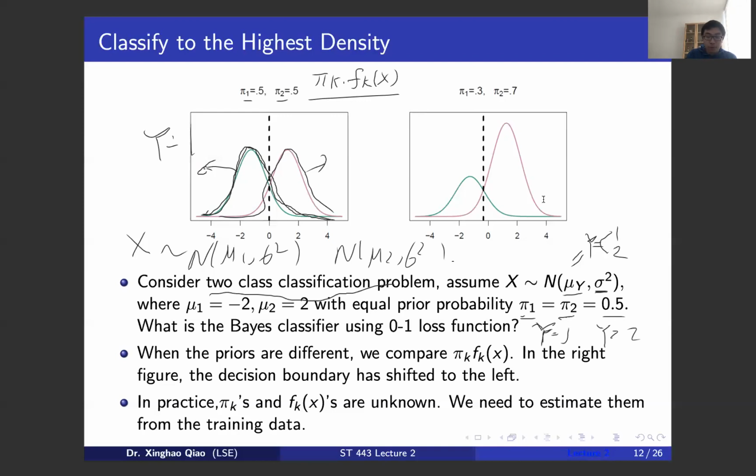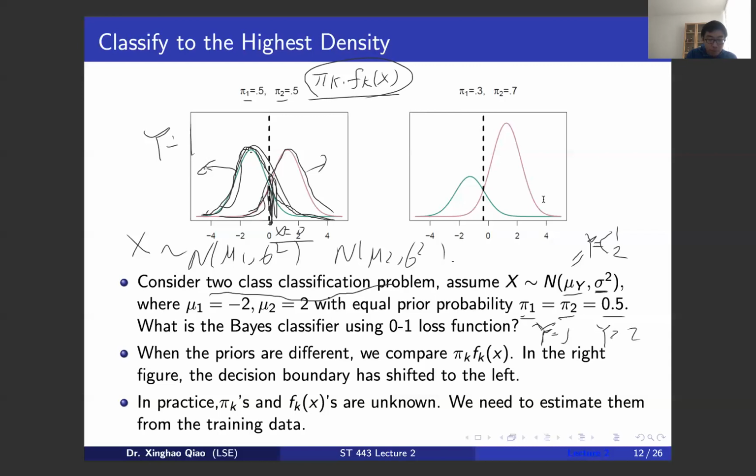So if you want to choose which of the products is larger, then you just compare which density is larger in different areas. You can see that in the middle area, f1 of x is the same as f2 of x, meaning that this is a decision boundary. So here, x equal to 0 is the decision boundary. On the left, f1 of x corresponds to the green curve, and f2 of x corresponds to the purple curve.